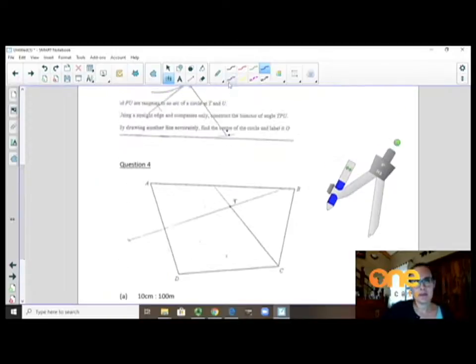Then they ask us, a tree in a field is equidistant from point A and point D. Construct the line on which the tree stands.